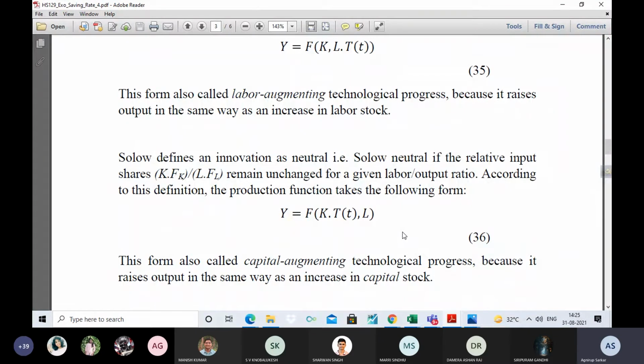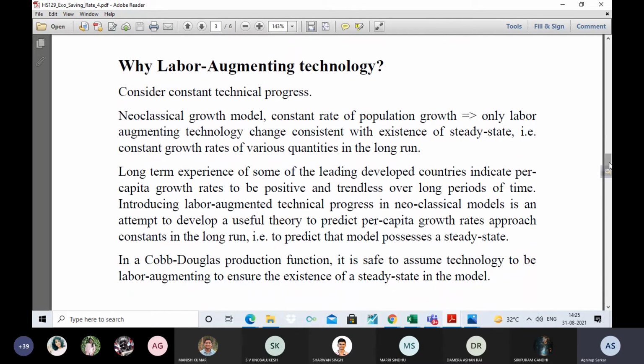So the Solow neutral technology is very much a capital augmenting technology, whereas Harrod neutral technology is a labor augmenting technology. Now, the question is, what is the necessity for technological progress to be labor augmenting or capital augmenting? Why do we need this, right?